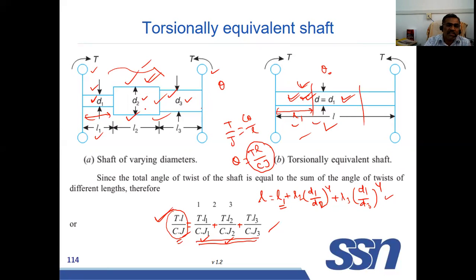If you want to convert this one to this, the diameter is changing, so the length will also change. For this we use L2 into D1 by D2 power 4, converting D2 into D1, and the corresponding length will be this. Similarly, for the third one, you can use this part. In reverse also you can do it, which you will see later.